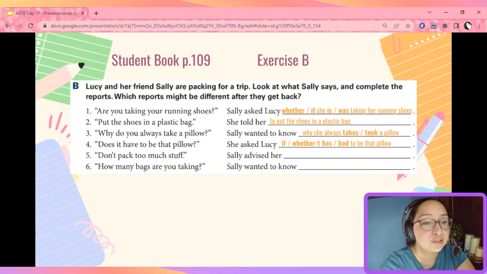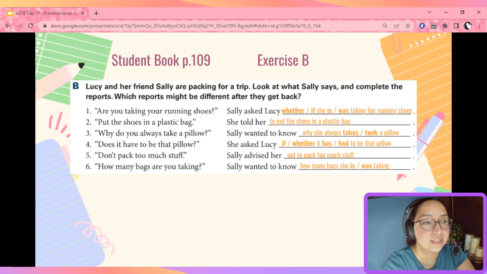Once again, if the trip has not happened yet, you can use has. If the trip already happened, had. Don't pack too much stuff. Sally advised her not to pack too much stuff. Number 6. How many bags are you taking? Sally wanted to know how many bags she is or was taking. One more time, it depends on if the trip already happened or not.